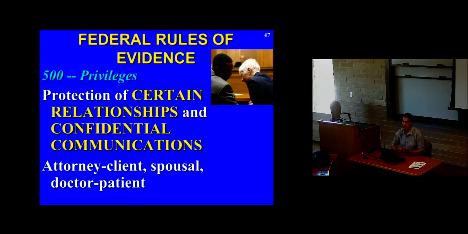There has to be a communication where the client actually is communicating something to the attorney. If it's just an observable fact, then that may not be a communication. It also has to be something where there has to be a lawyer-client relationship.